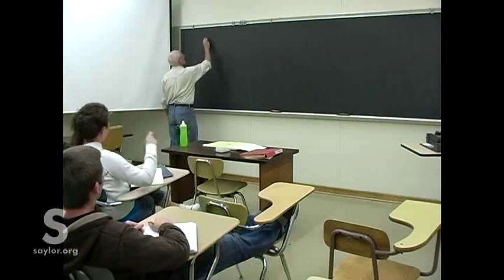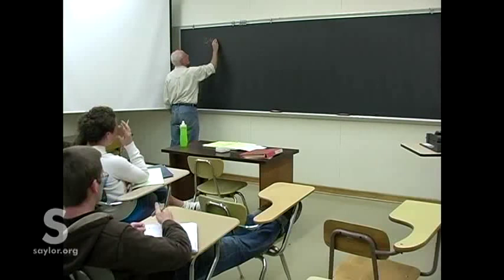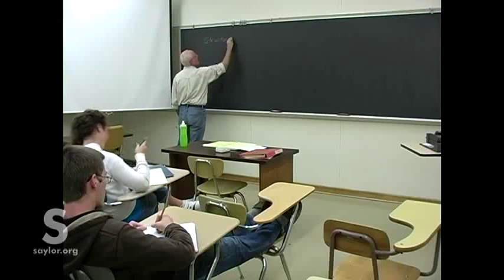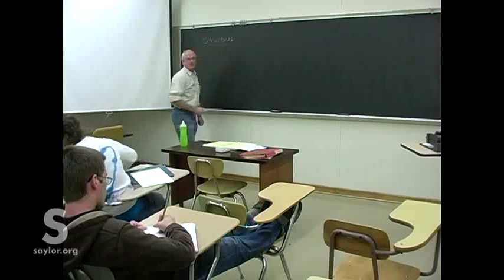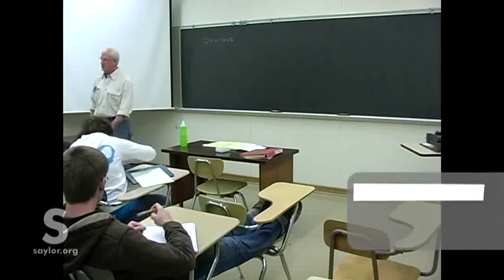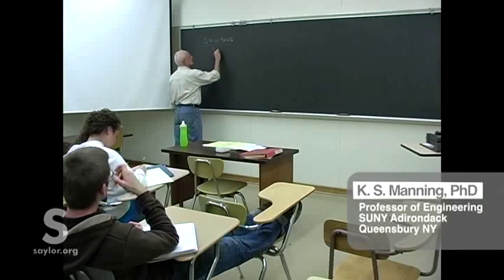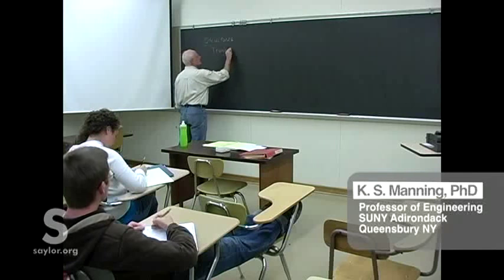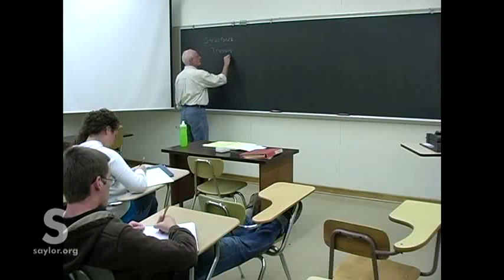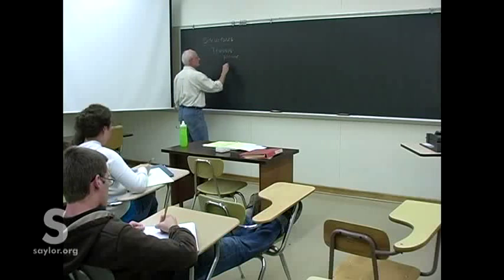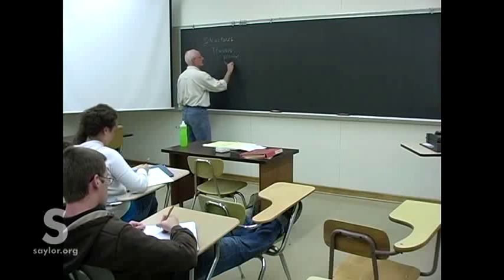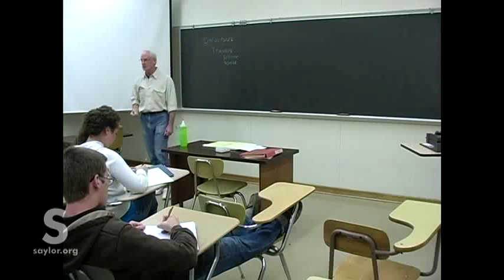Remember, we're looking at structures in general. We've gone through our first type, maybe it's our first type and a half, because we did trusses, both planar and, for one day last period, space trusses, three-dimensional.